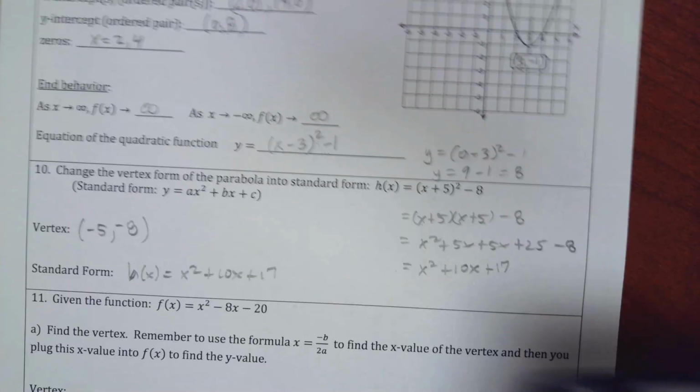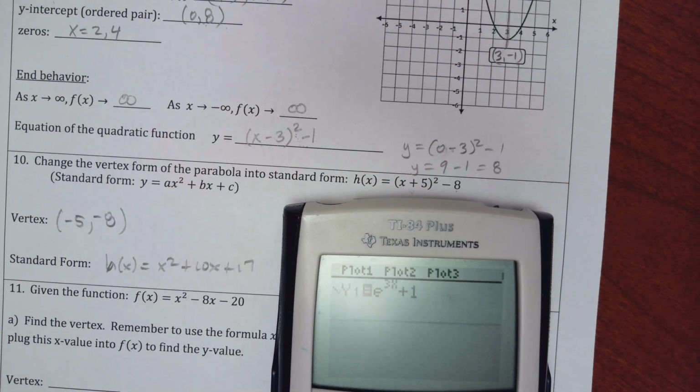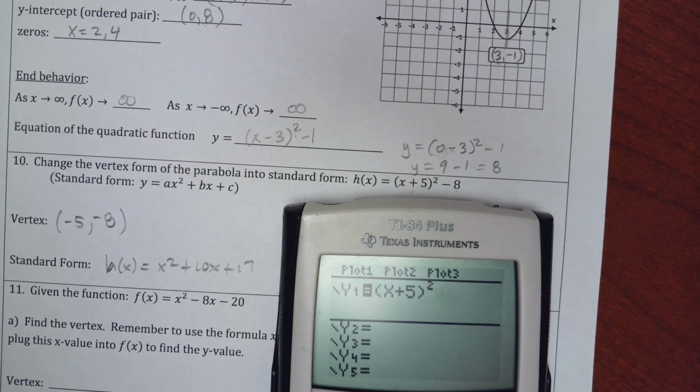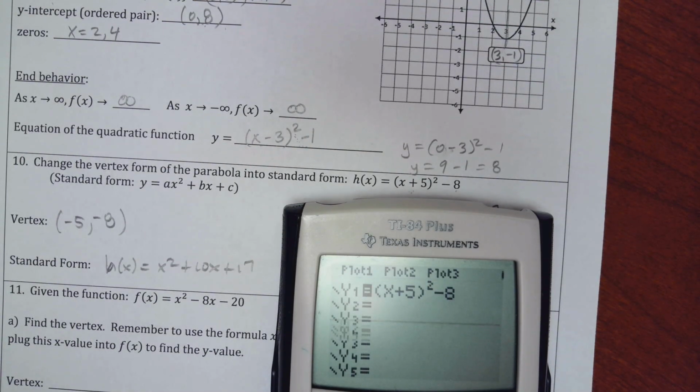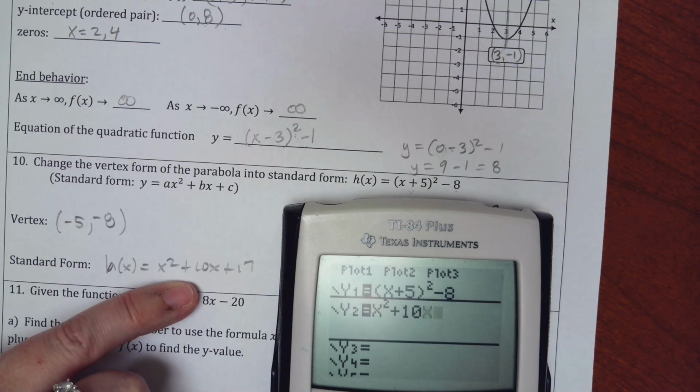And one way you could check yourself, you could plug in the original, like go to y equals and type in x plus 5 squared minus 8. And go down here and type in x squared plus 10x plus 17.